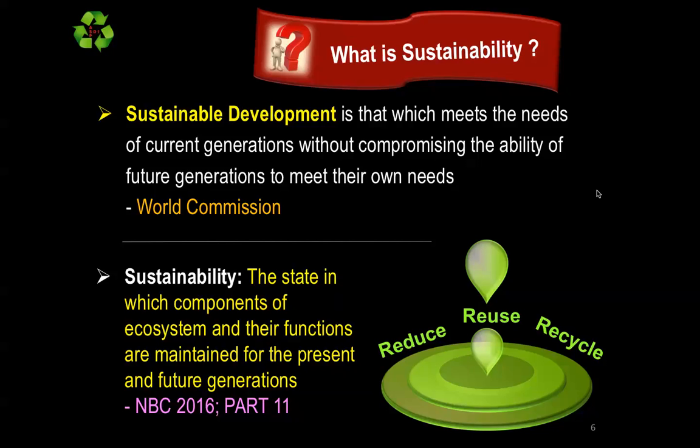These are essentially the same thing, but they are two very important definitions of sustainability, which most organizations adopt. Sustainability also takes the 3R principles, reduce, reuse, and recycle, into the picture.